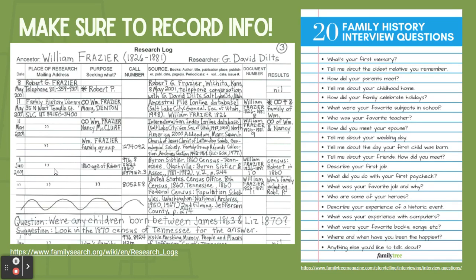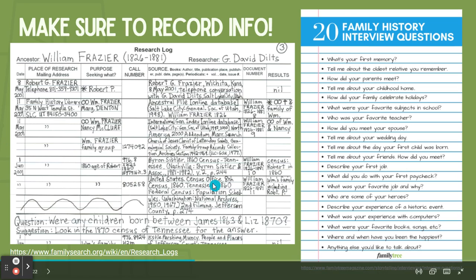So on the right here, you'll see I included this in the kit as well, but I also have some information on different questions to ask if you are stumped on what to ask a family member about their life. And I also have an example here of a research log. So this is when I talked about keeping track of what you're finding.